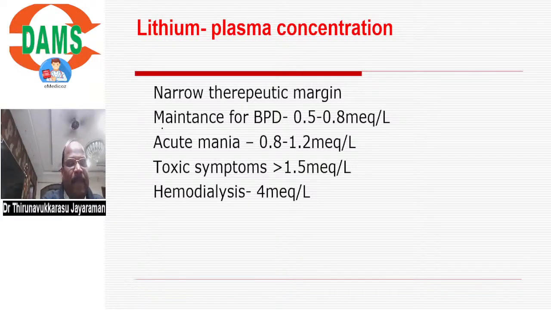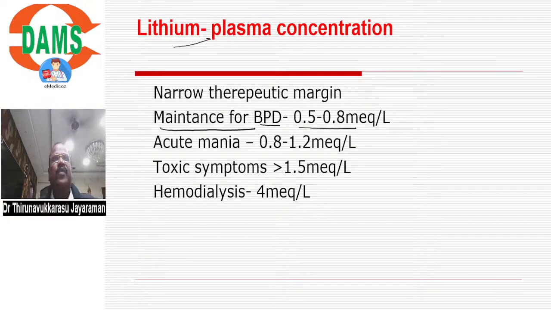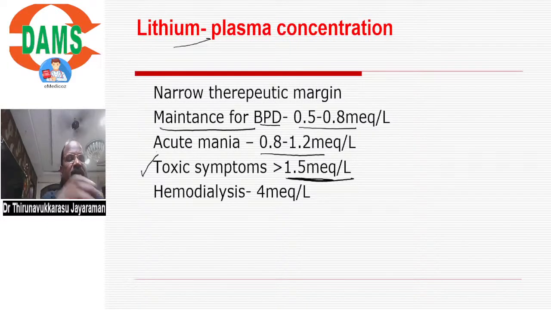Normally, as maintenance therapy in bipolar disorder, lithium level should be around 0.5 to 0.8. In acute mania, we can increase the dose, but better keep around 0.8 to 1.2. Be careful because when the level goes more than 1.5 milliequivalent per liter, it causes toxicity.